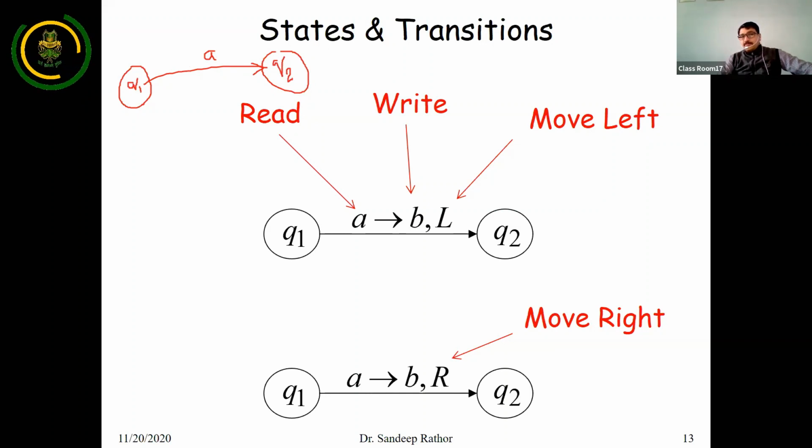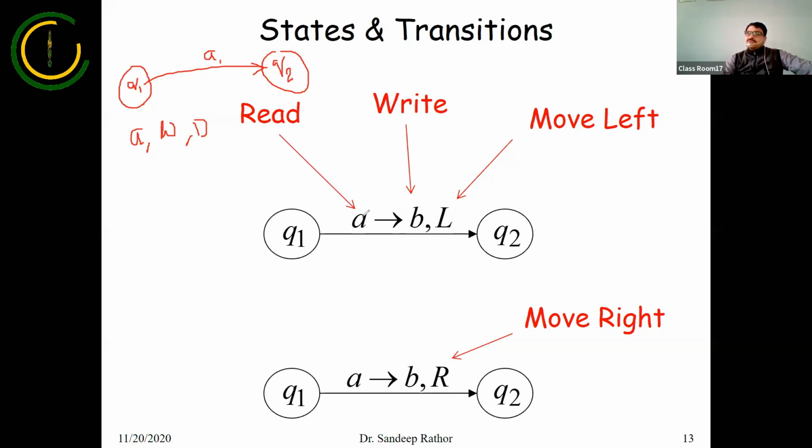Now, in case of Turing machine, as you know, after reading, you can also write on the tape, and after that you must mention the direction of head in each transition. So how can we represent the reading symbol, the writing symbol, and the direction? The same thing can be represented through the transition diagram in this way.